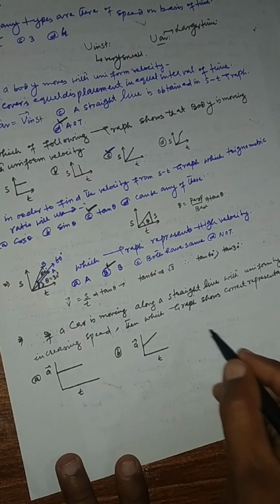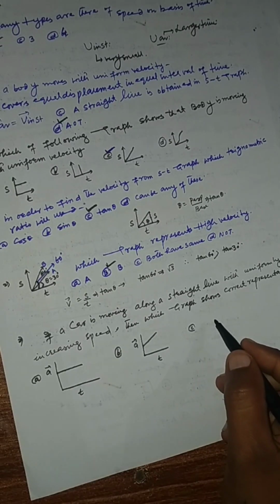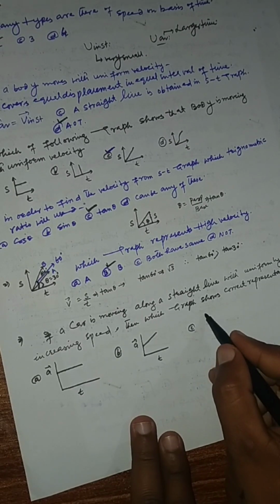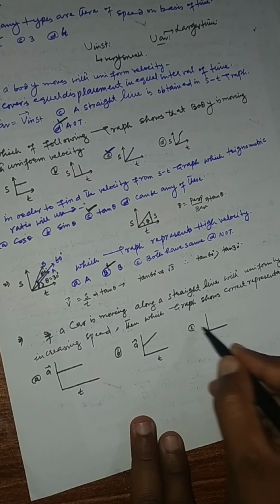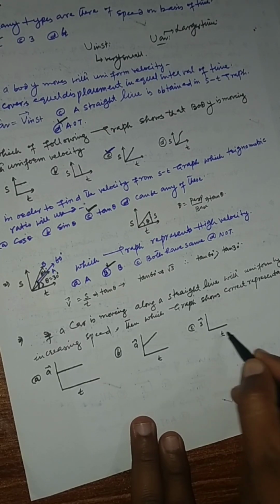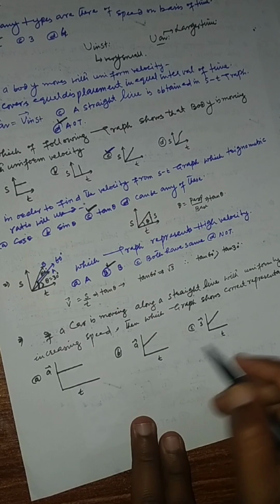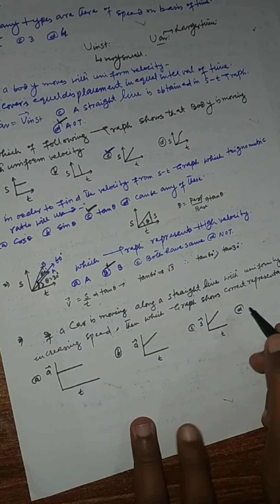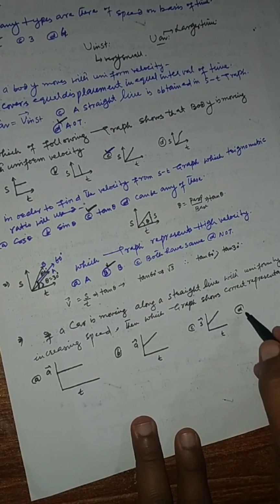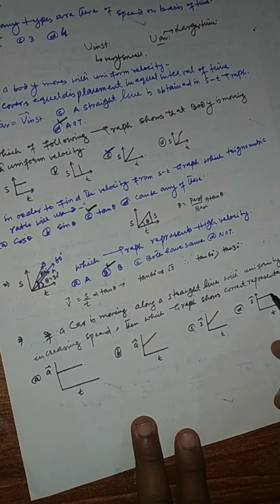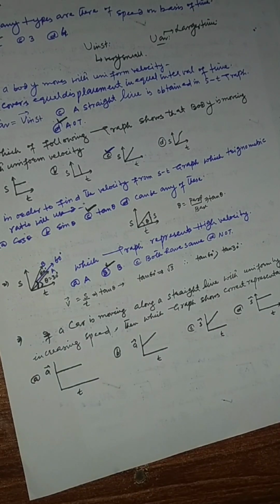Or option C, displacement time, this graph, or option D, displacement time, this graph. Then according to the given information, which one is correct?